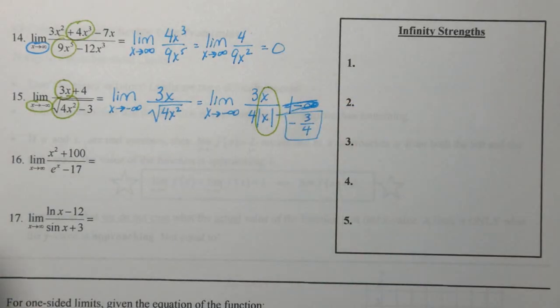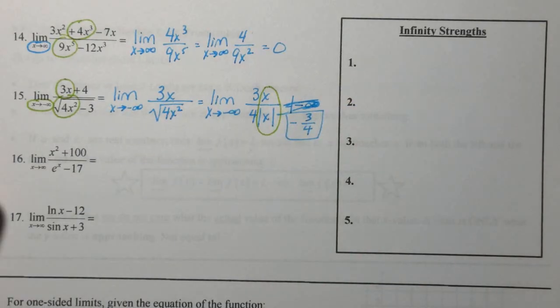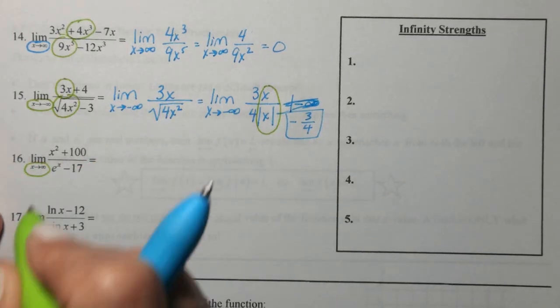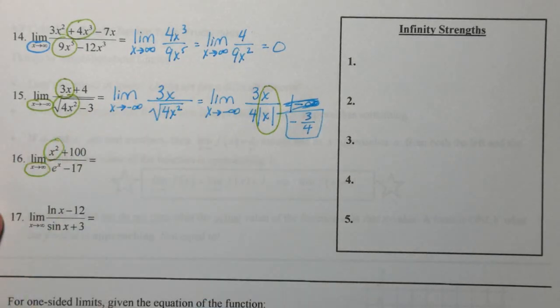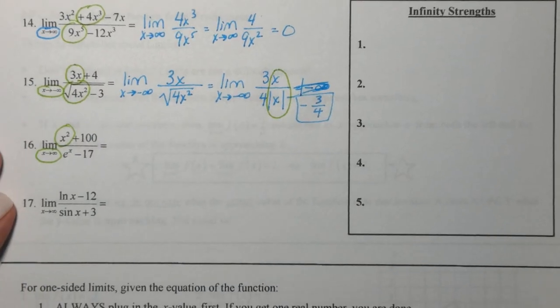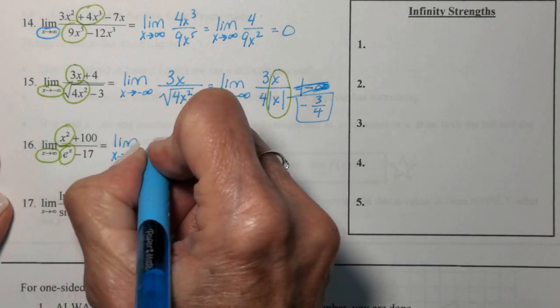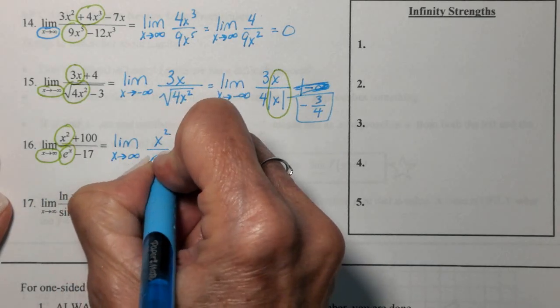Number 16. X is going to infinity again, so I need my highest powered term on top and the highest powered term on the bottom. So this is the same as this limit.